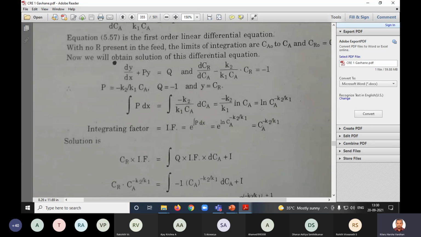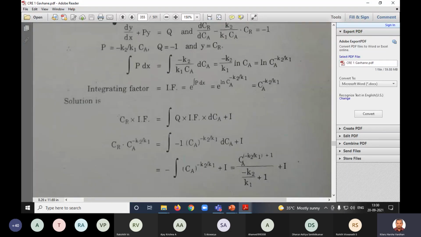The exponential of ln, so e power ln, the two get cancelled out, and you are getting this as the integration factor. The solution for it is CR into integration factor is the integral of Q into integration factor into dCA plus I, where I is the integration constant.